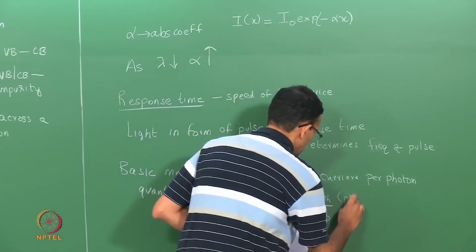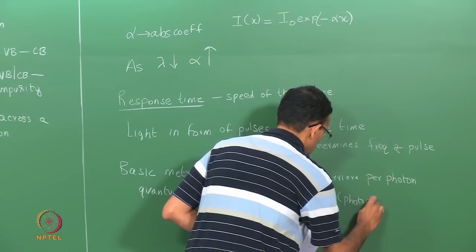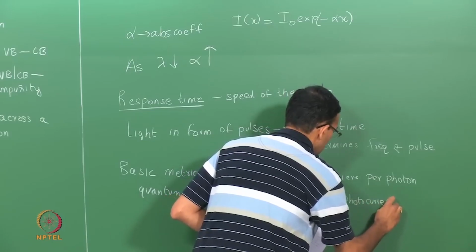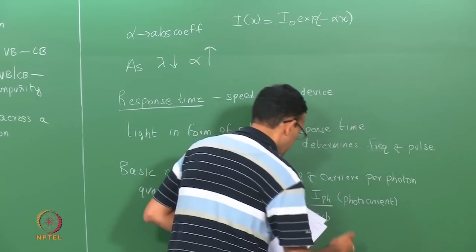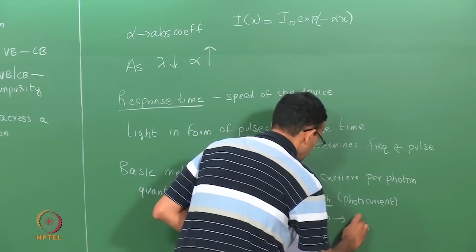So, I_PH is the photocurrent, and this term phi is the photon flux.